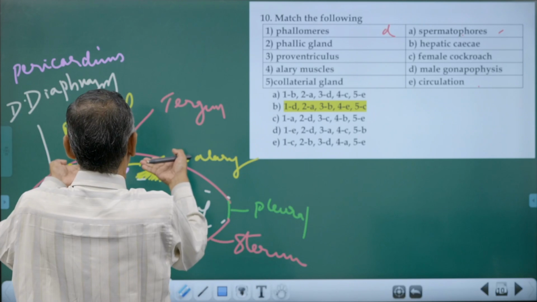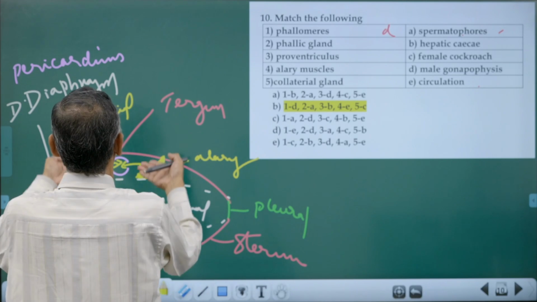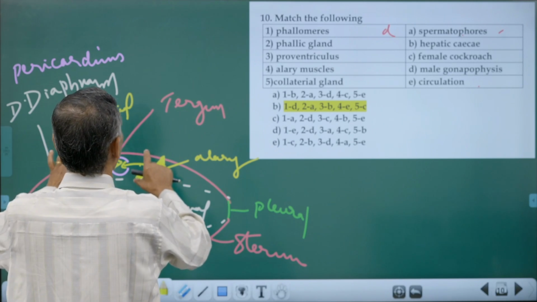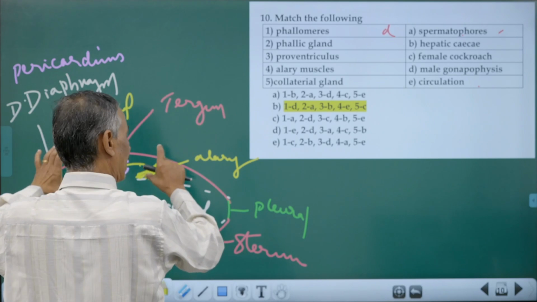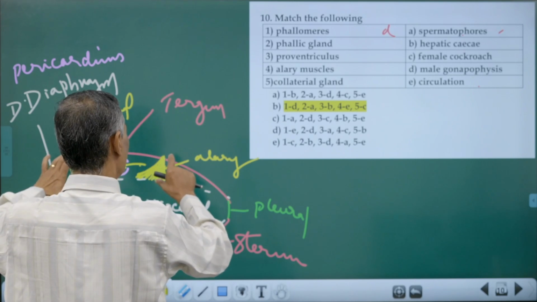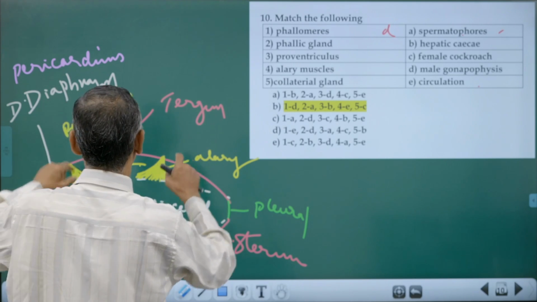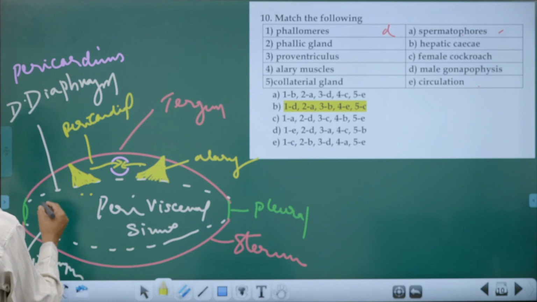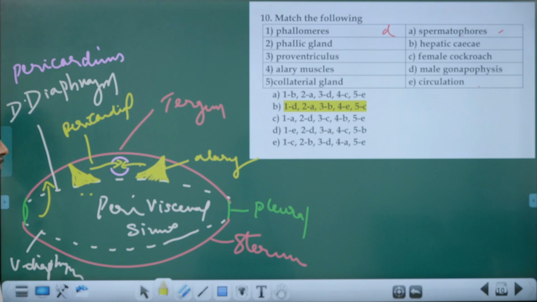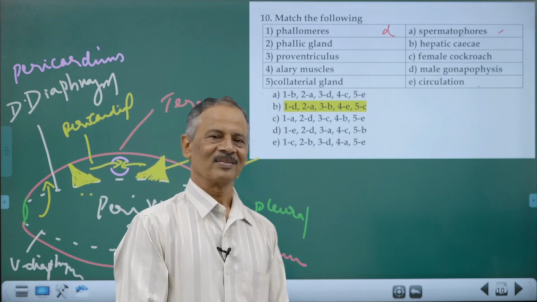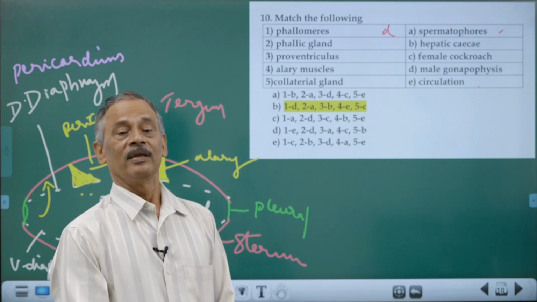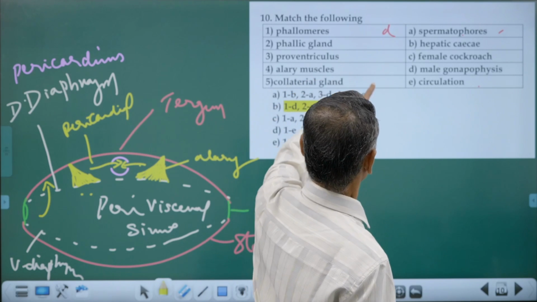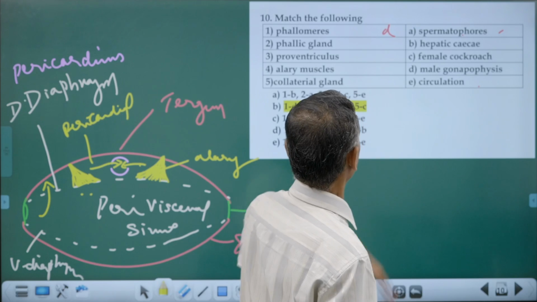And when this alary muscle relaxes, the pericardium is lowered, that is the pericardial sinus is enlarging in size, pressure falls, and because of that blood from perivisceral sinus enters into the pericardium. This is how the circulation is maintained. So, alary muscles are helping in circulation.